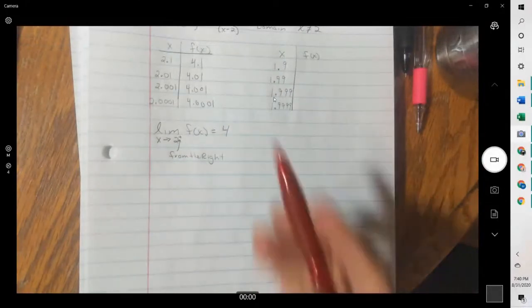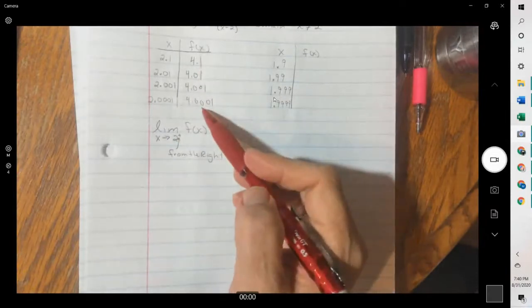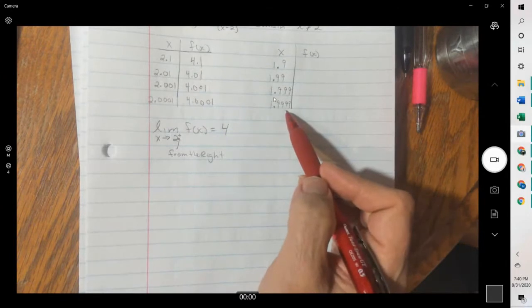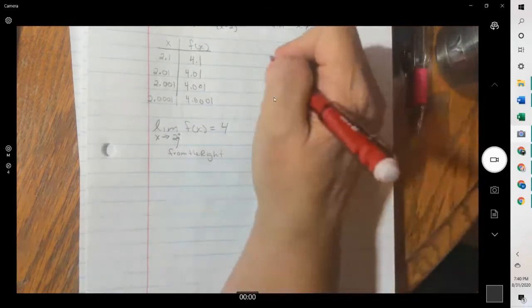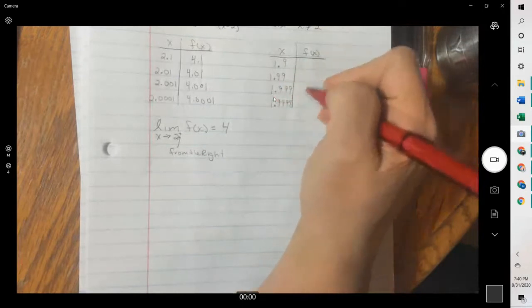So one way of finding a limit is to plug in values and see what you get close to. As you're getting closer and closer to 2, this gets closer and closer to 4. Well, does that also happen from the other side with the smaller values? We'll go back and enter 1.9, 1.99, 1.999, and see what the values are approaching.